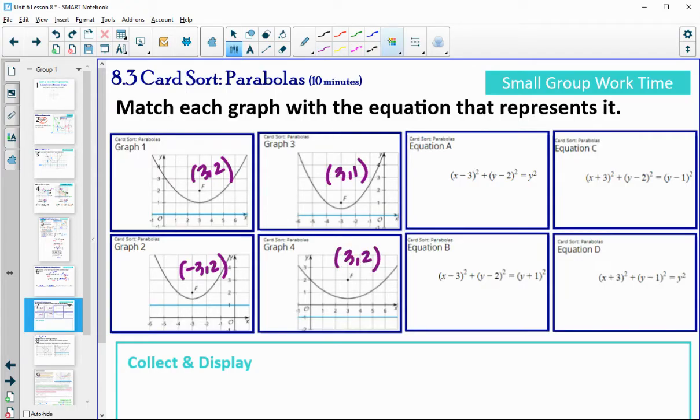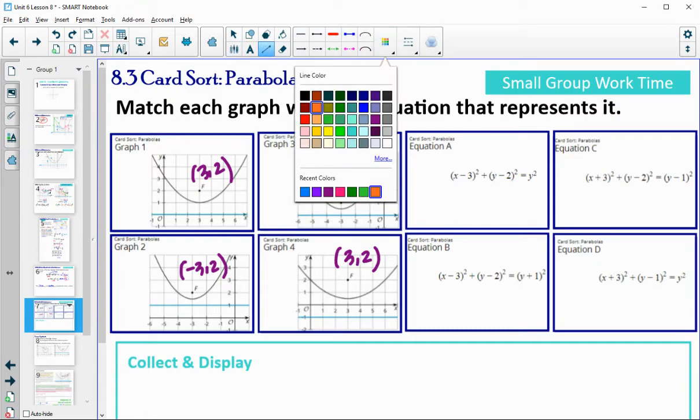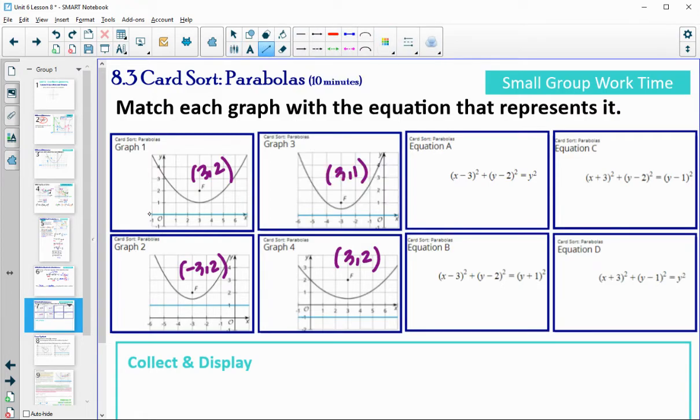Then we can also look at the directrix. So remember, the directrix helps us get the distance or that C value when you're doing the Pythagorean theorem. So it's y equals 0 in these first two, y equals 1 in this one, and y equals negative 1 in this last one.